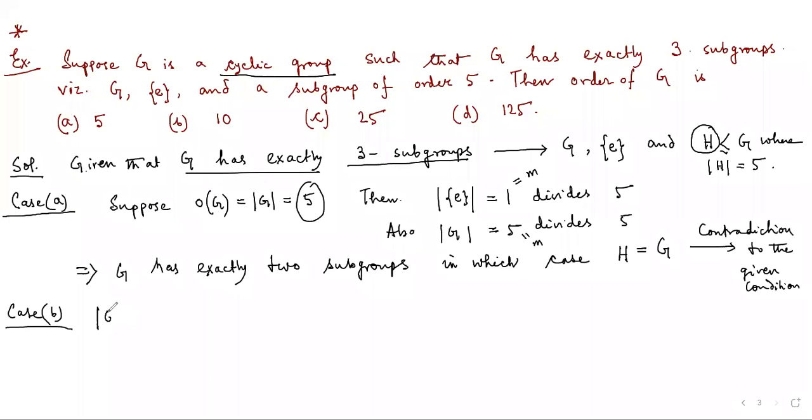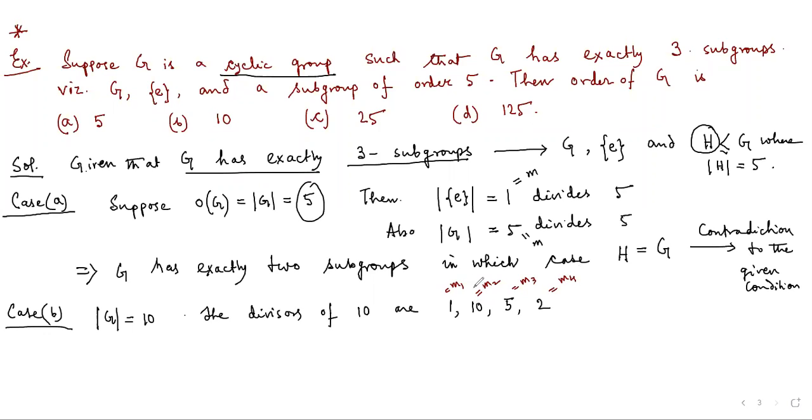What about case B? Let us assume that the order of the group is equal to 10. Now, the divisors of 10 are 1, 10, 5, and 2. You can consider this to be M1, this M2, this M3, and this M4.